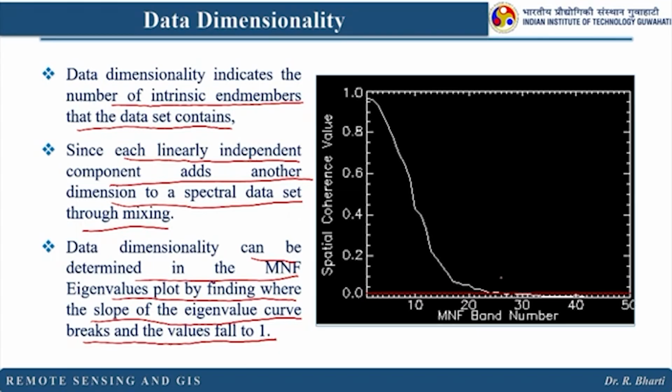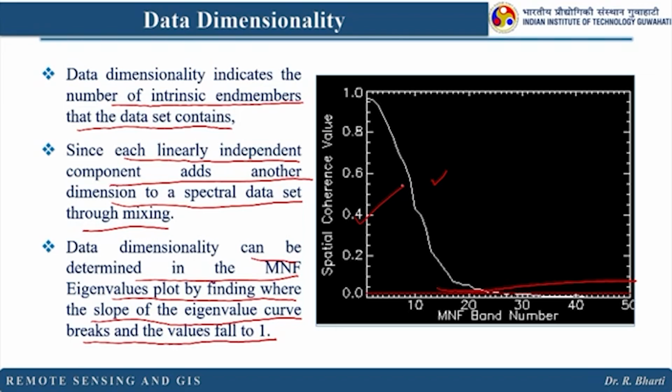So, if you see here, it will be somewhere here, right. So, here you remove the bands which are coming below this line, or you can come up with your own logic that if this is the spatial coherence value, that means band to band correlation will be less. So, you have to examine the corresponding output image along with this value, right.